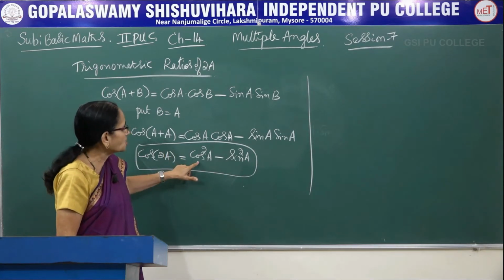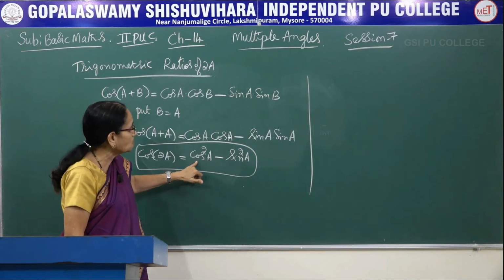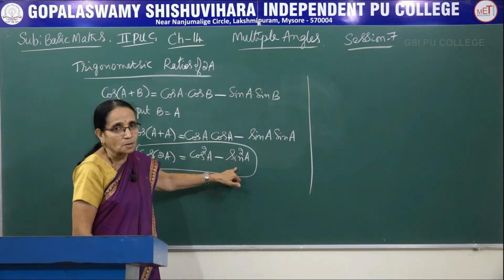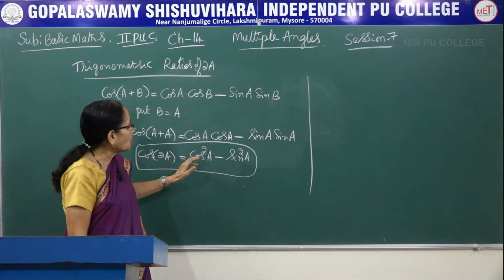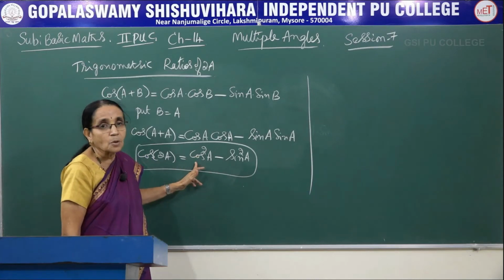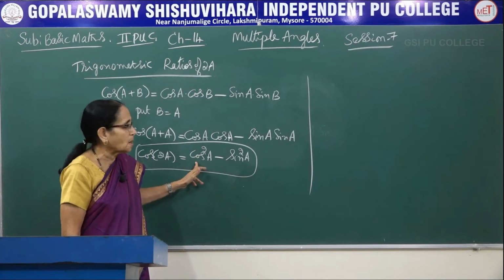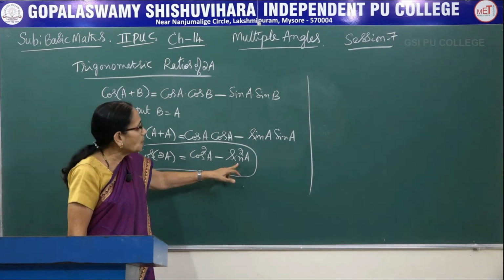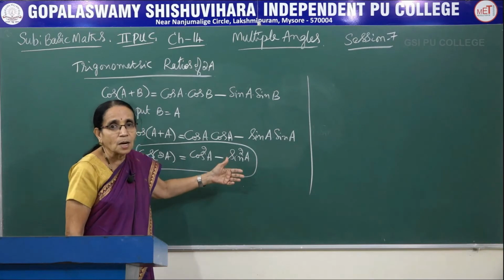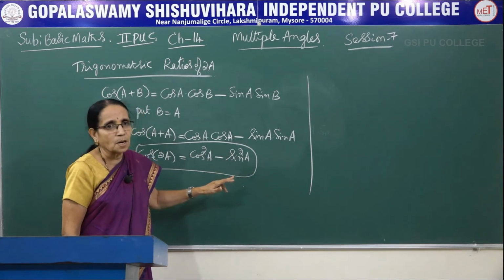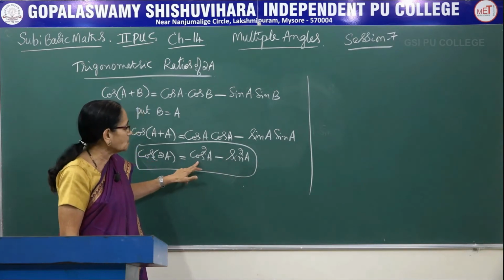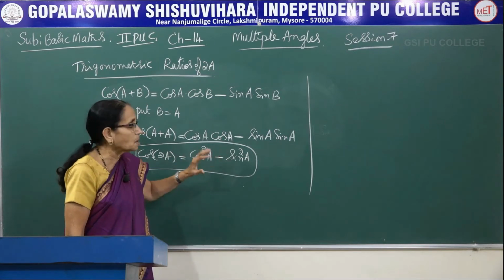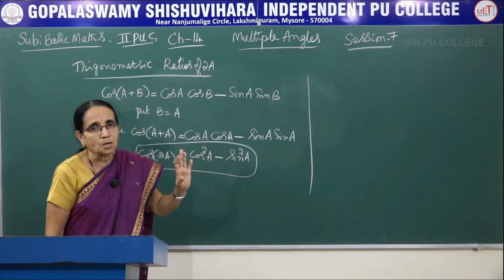Now, here cos square a, the cosine term is also there and the sin term is also there. Suppose I want to eliminate cos square a. How can you write it? You can write it as 1 minus sin square a. Suppose you want to eliminate sin square a. How do you write it? 1 minus cos square a. So when you replace this by sin square a, this result will be containing only sin ratio.